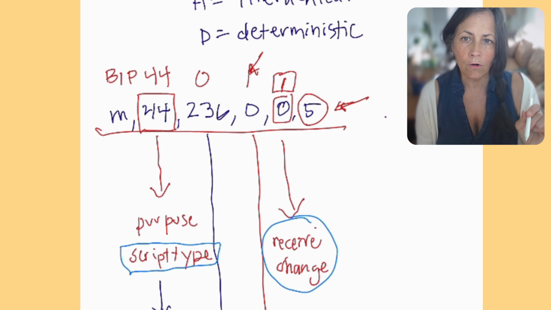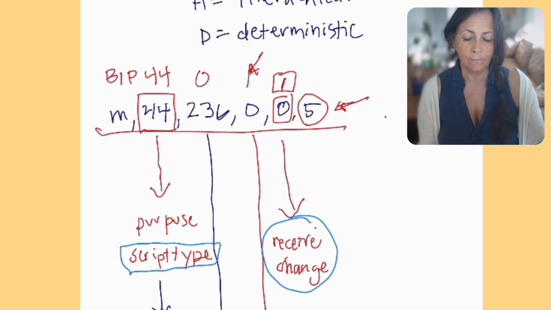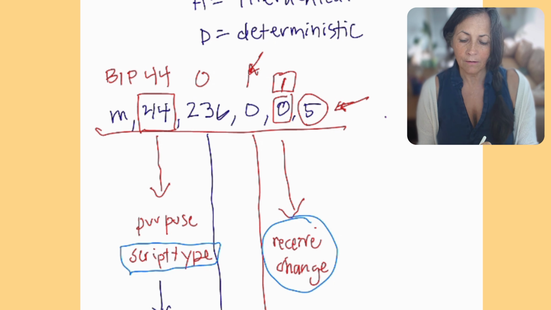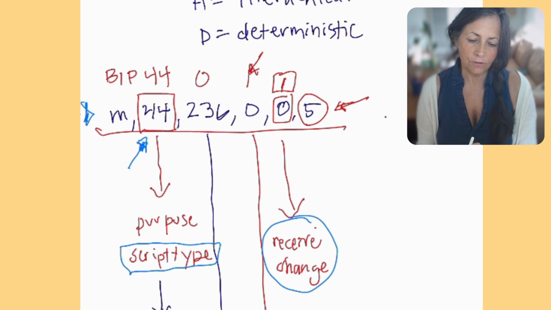So when Core Coin, BTC Core, when they started doing things with SegWit and Taproot, they use different script types. So this number changes. So your same seed on Ledger would control different derivation paths.